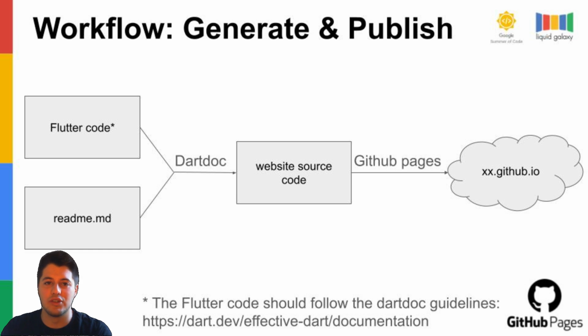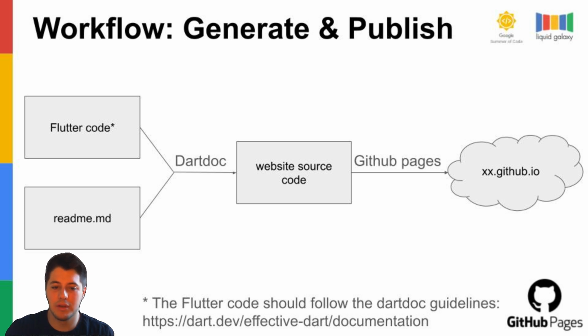So it will generate the documentation files, HTML and other files, in a really effective way. Then we will also write the README of our project, and with the dartdoc tool we will combine everything to generate our documentation website.